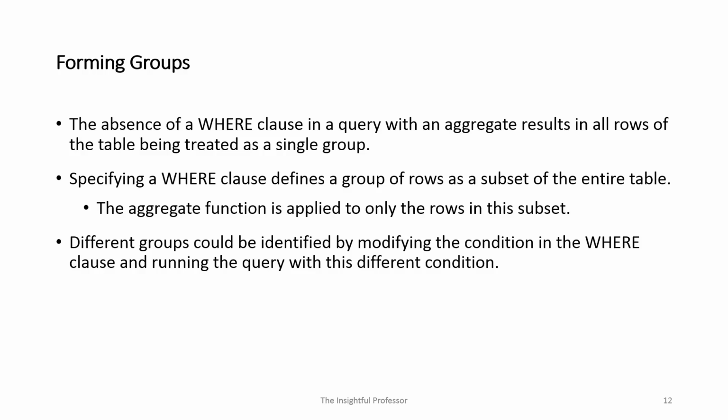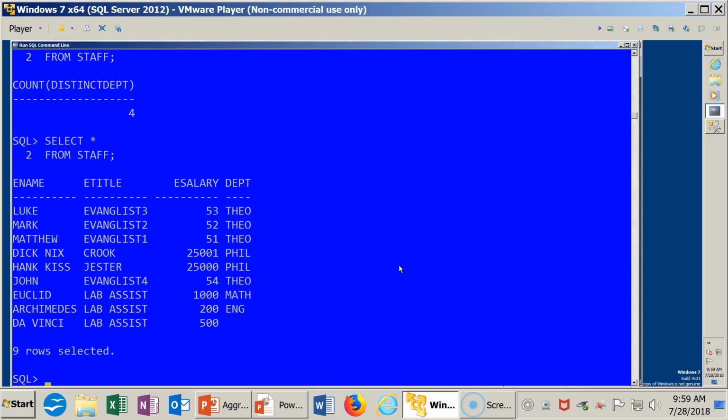Because our concern is, suppose we want to have different groups. Suppose what we wanted to do was come up with something like, and we'll give you an example right now, a group of rows defined as being courses from a particular department.